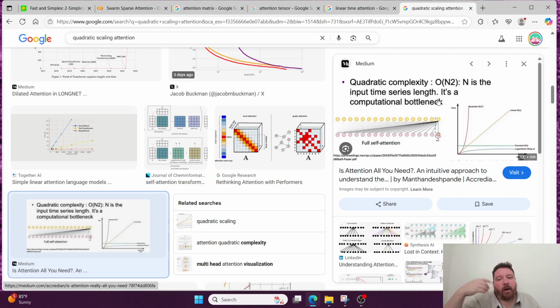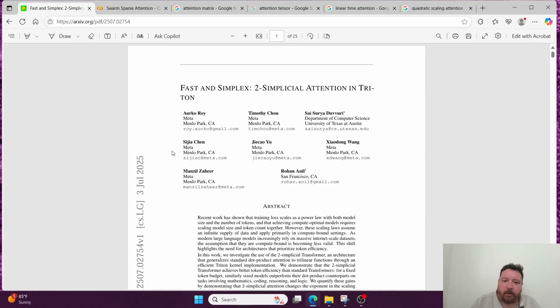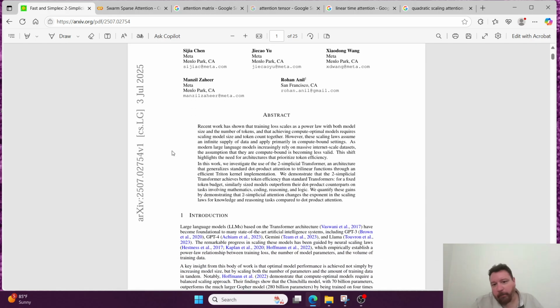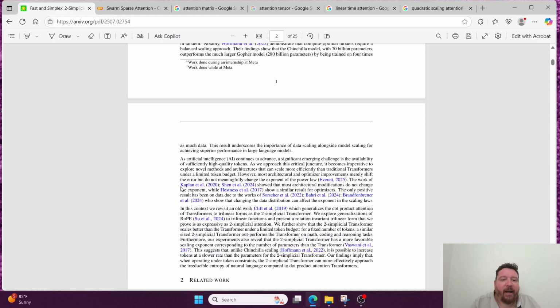And this problem comes up for scaling. Within this particular research paper, it is all about LLM model scaling, and that's what they show.